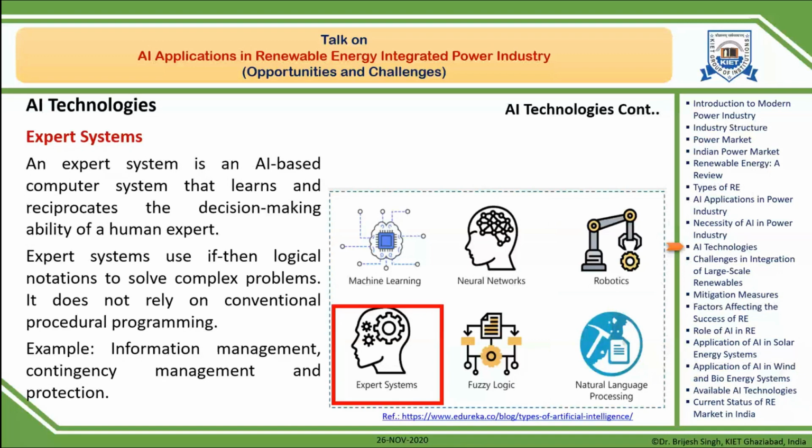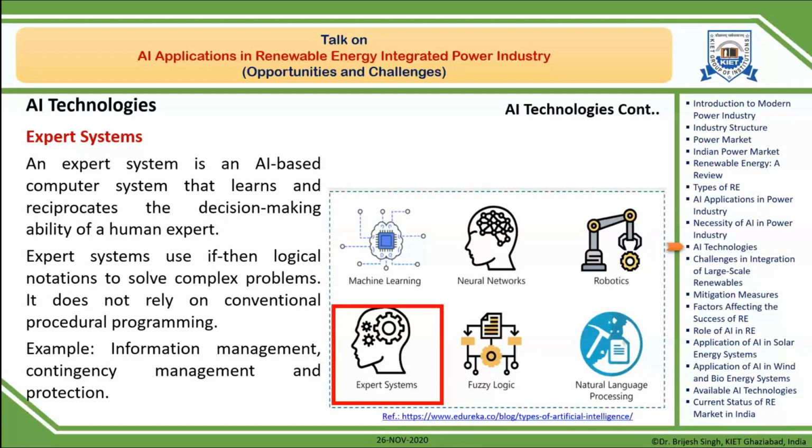Okay. Similarly, expert systems in power systems. Initially all things were based on expert systems, and nowadays, because AI, neural networks, fuzzy logic and machine learning have come into the picture, most things have been converted based on these. But initially power system operations were based on expert systems: information management, contingency management, and protection.